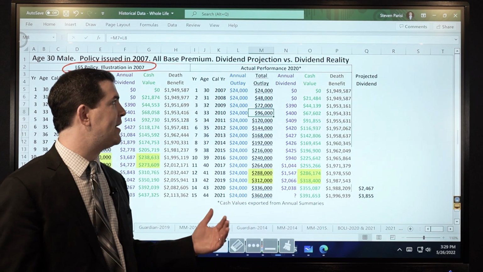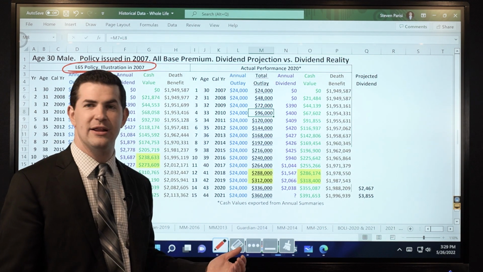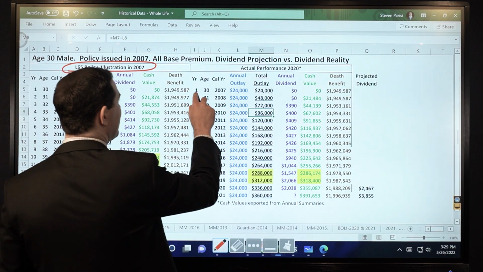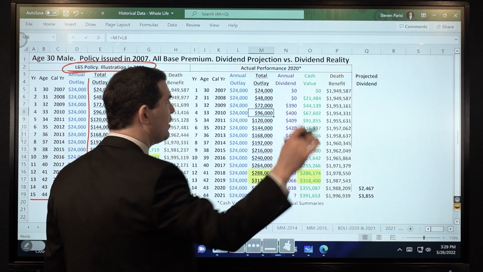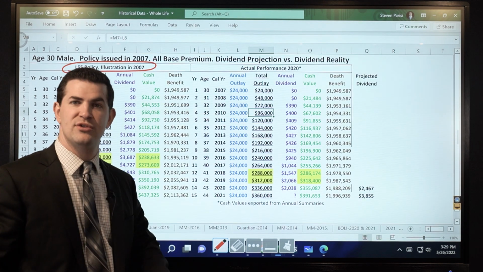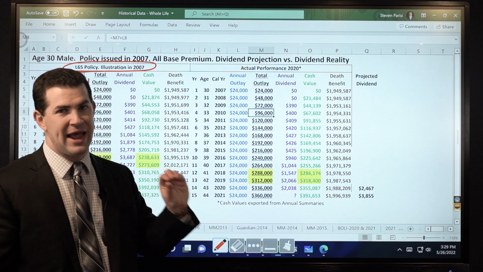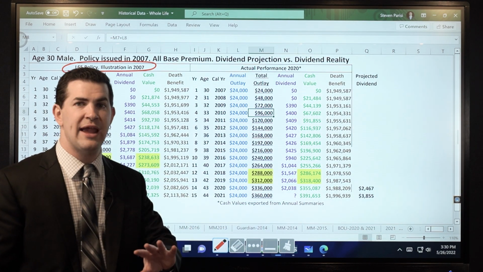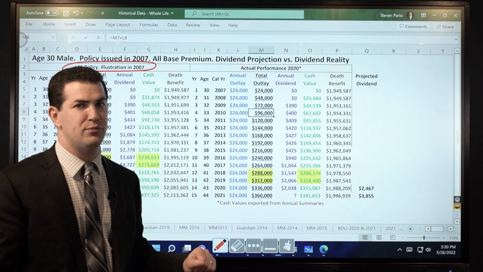Now, I did not write this policy. I was a freshman in college at the time in 2007, so I was a bit young. I didn't know anything about life insurance, but we did request servicing rights. We received them, and then we were able to pull the annual statements each year and see what was actually paid in dividends and what actually happened with respect to real cash value and real death benefit performance.